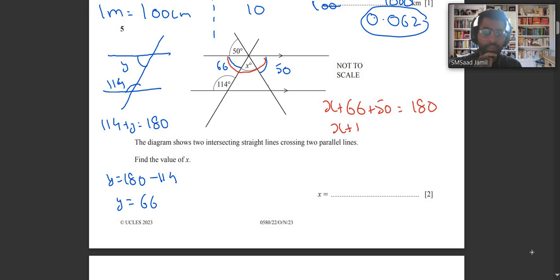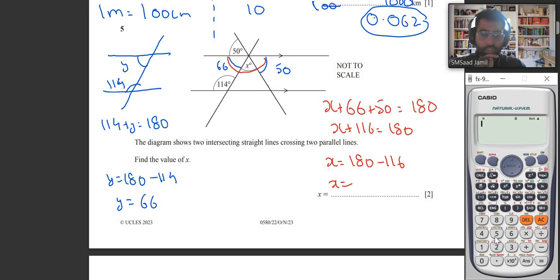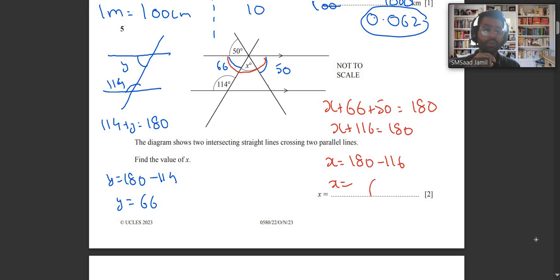So x plus 116 is equals to 180. X is equals to 180 minus 116. X is equals to, let's do that. I already know it, but you always want to be extra sure. 64. So your answer is 64 degrees. Okay. Let me use the blue pen again. Bismillah.